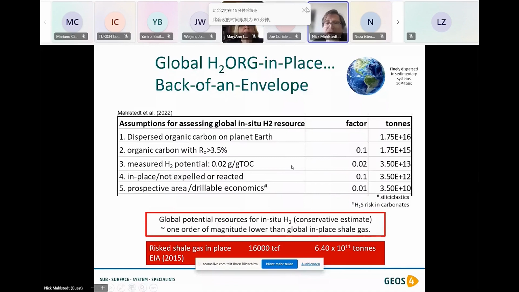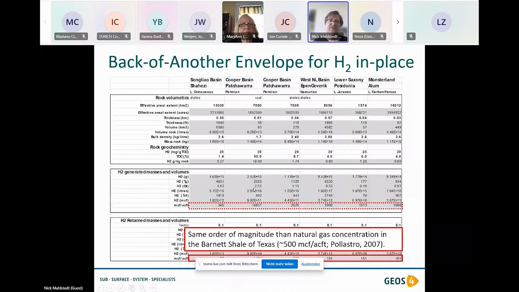All right, now going into a more applied assessment of hydrogen in place, we could do the same calculations, assuming the same assumptions, for individual basins: the Songliao Basin, the Cooper Basin, and other European basins.